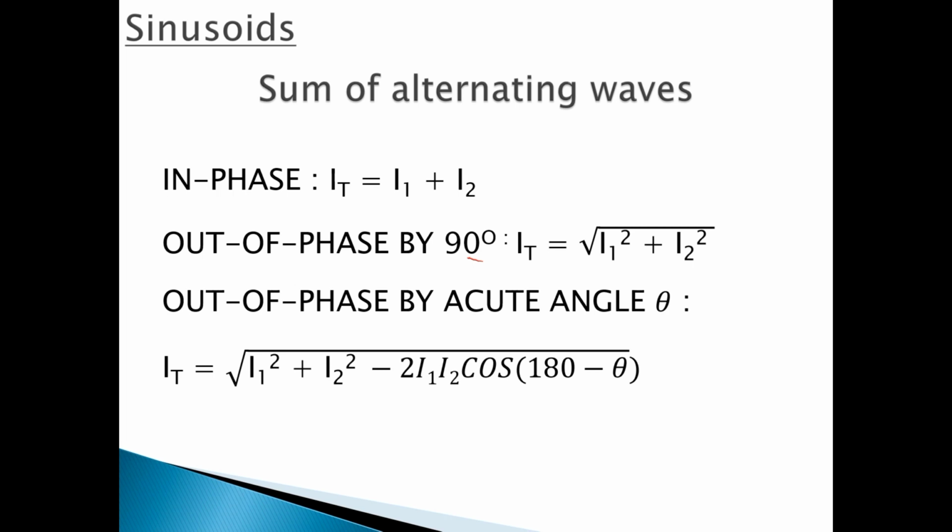Then if we have two different phase angles and it's an acute angle, to know the sum we can use the cosine law. That is I total equals the square root of I1 squared plus I2 squared minus 2 I1 I2 cosine of 180 minus theta. And that is the end of the discussion for the sinusoids.